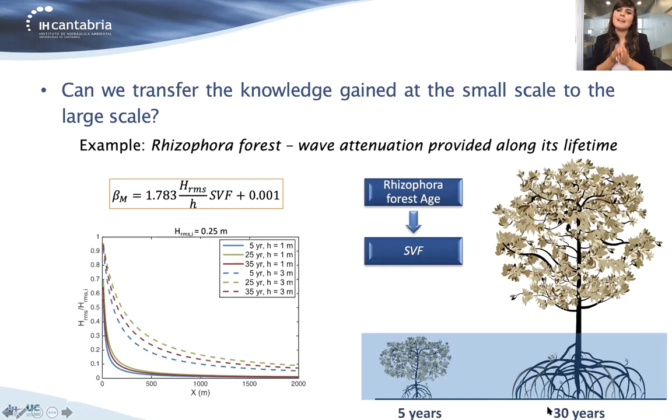That way, we can get an estimation of the wave attenuation that a 30 years old mangrove forest can give us, just by plotting attenuation curves as the one shown in the slide. I want to point out also that this highlights the great importance of multidisciplinary teams in this type of nature-based solutions to move forward.